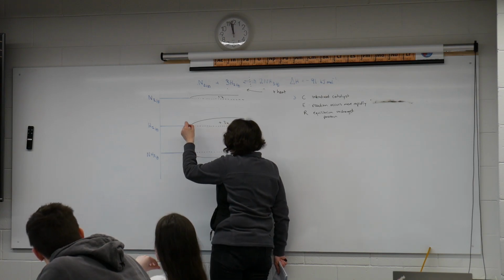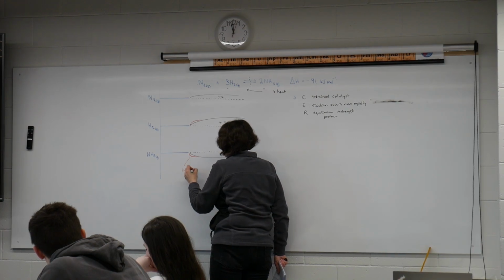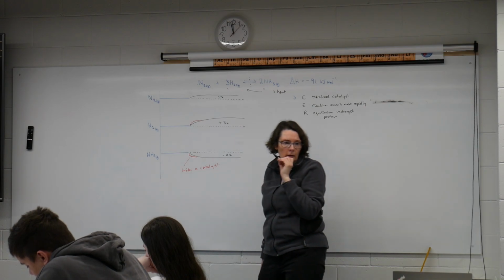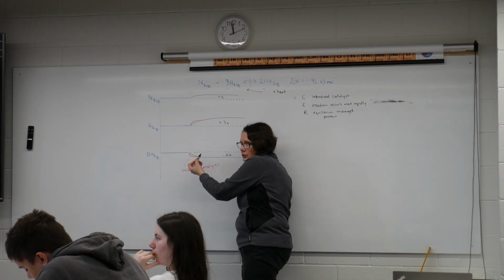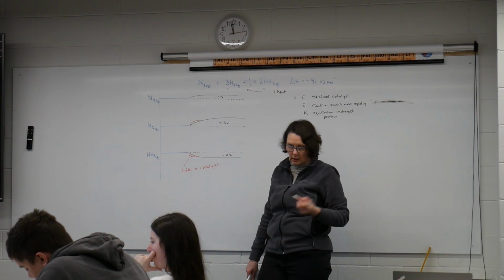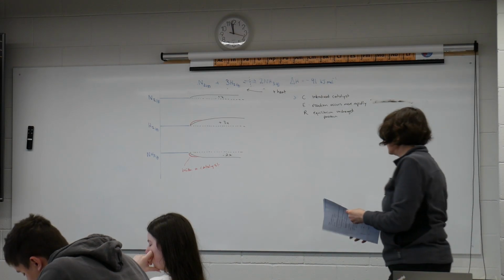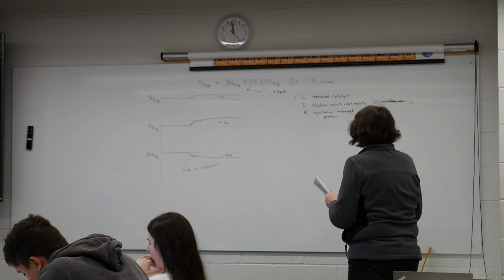That we've actually reached our equilibrium faster. And so it just means that the curve here is steeper, and you're going to reach equilibrium sooner than if you weren't using a catalyst.